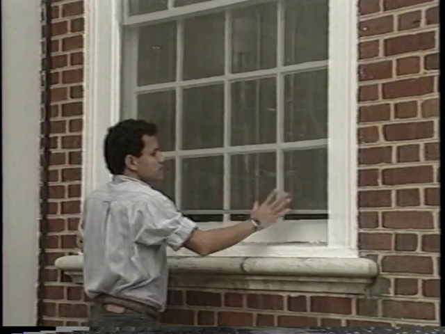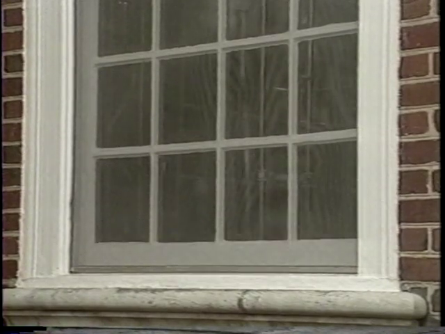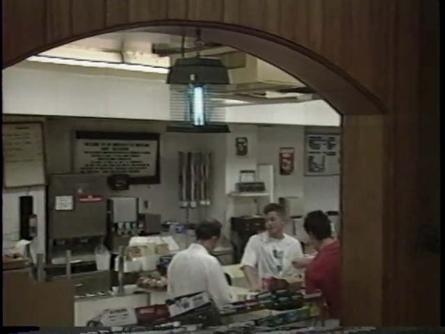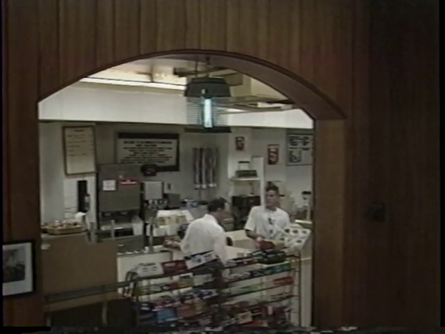Mechanical and physical controls are also important tools, especially in urban pest management. A simple window screen is the best example I can give of an inexpensive yet very effective mechanical control. Insect electrocutors, called bug zappers, kill flying insects inside food plants, restaurants, and other enclosed areas.